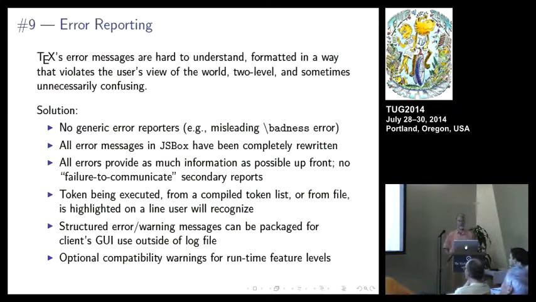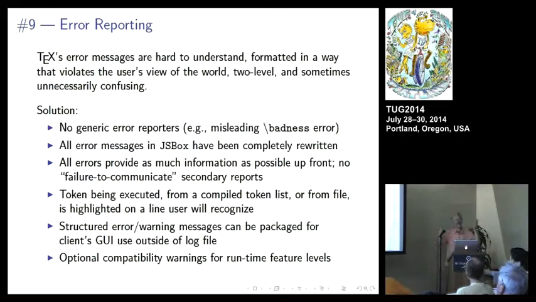I've also rewritten all the error messages because there's a lot of them that I find hard to understand. I'm a very easily confused person, which is either good or bad, but I think it's good because it makes me really think about how to write some things in a clear way. So there's no generic error reporters. Every single error message has its own error reporter. When I first got that badness error, it just confused the heck out of me. It says you can't use backslash badness because you're in vertical mode, right?